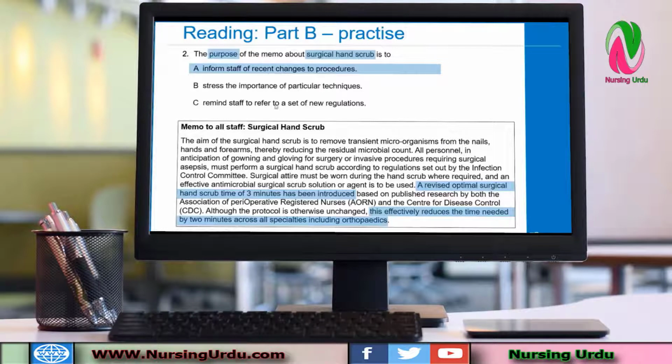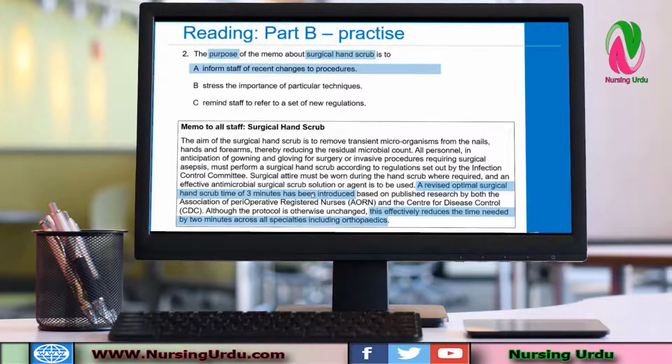It says memo to all staff, surgical hand scrub. And basically it's got lots of information in there, but what we want to understand is why they are writing this memo. They're writing the memo because there's some new information that they need to make staff aware of, which is that a revised optimal surgical hand scrub time of 3 minutes has been introduced.